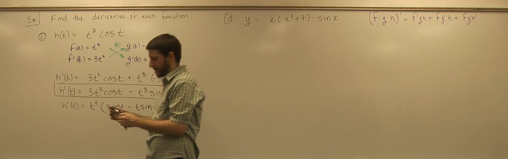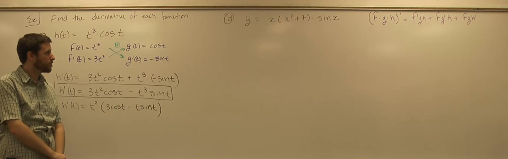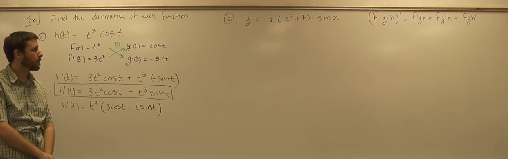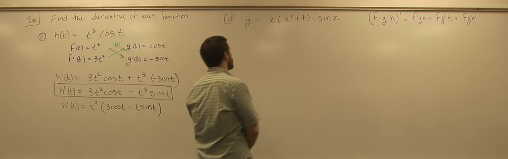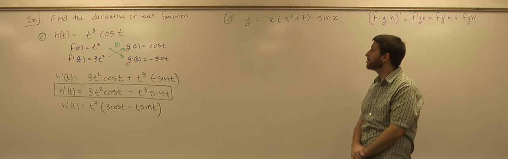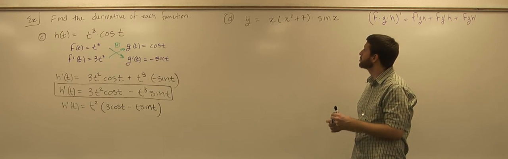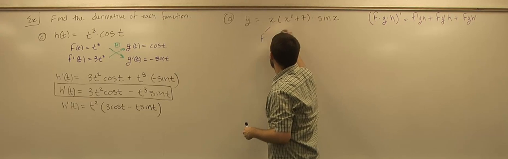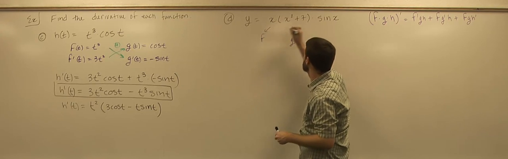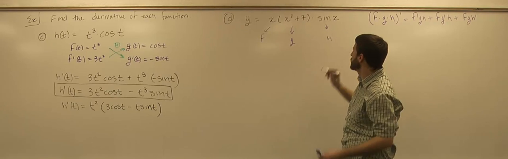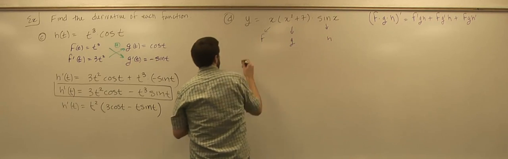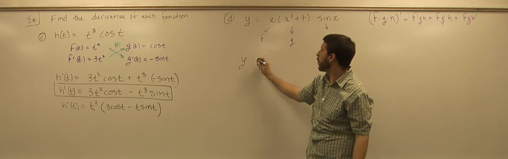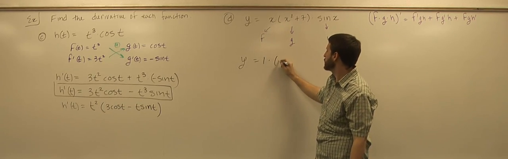How do you want to try to do it? Rewrite everything, put a 1 in for the x? Yeah, the derivative of x, the first term, would be 1, times x squared plus 7 times sine x. So if we assign these as our f, g, h, then the derivative would be: first you do the derivative of f, which is 1, times the other two.